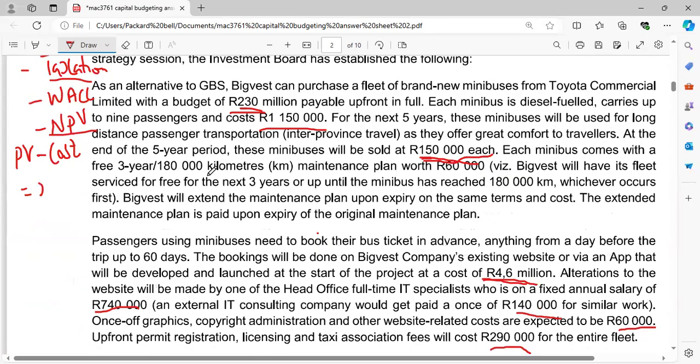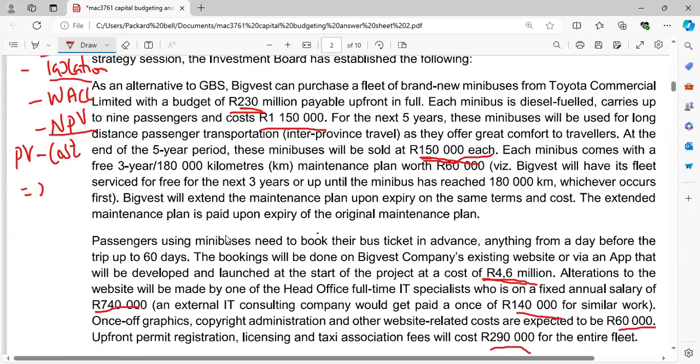So on the maintenance plan, they say each minibus comes with a free 3-year maintenance plan worth 60,000.